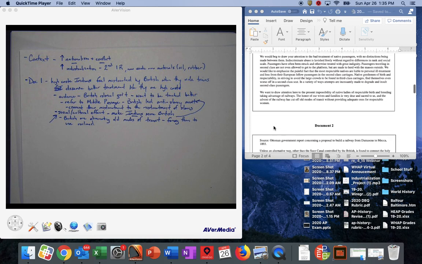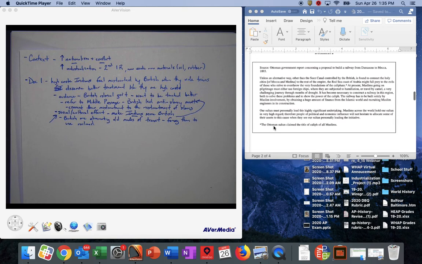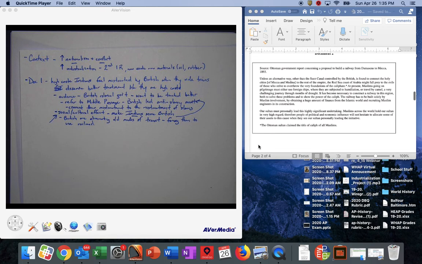All right, moving on to document 2. So document 2 is a completely different kind of source. So document 2 is written by the Ottomans.